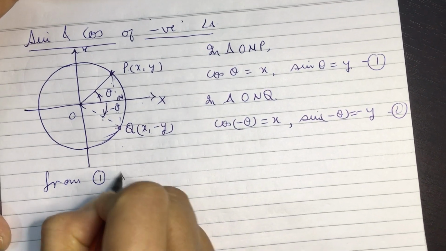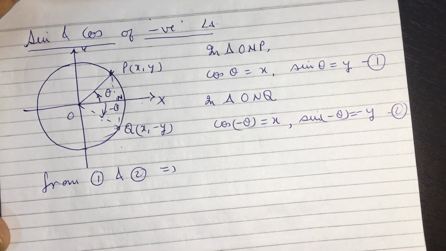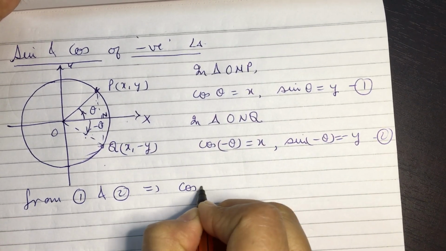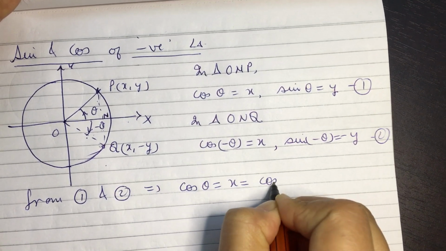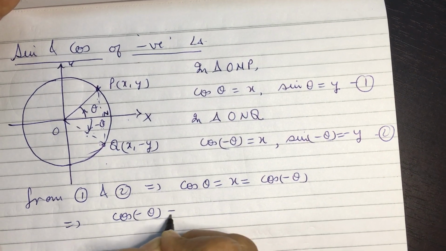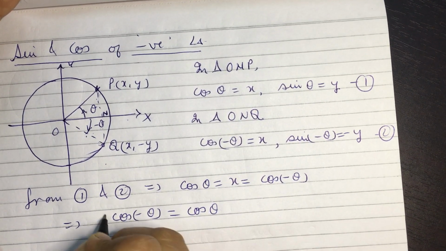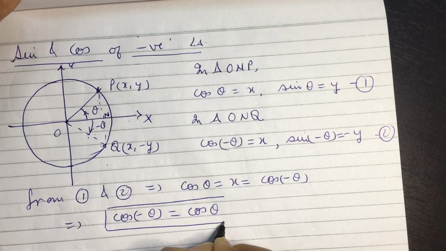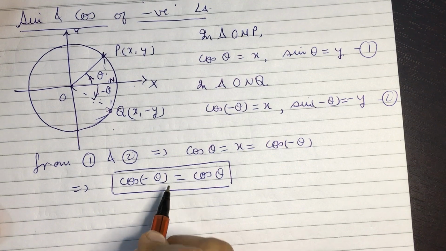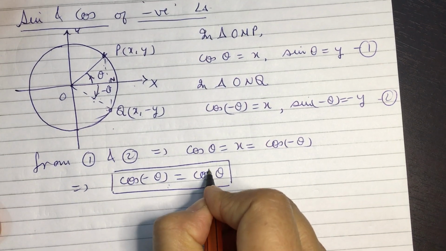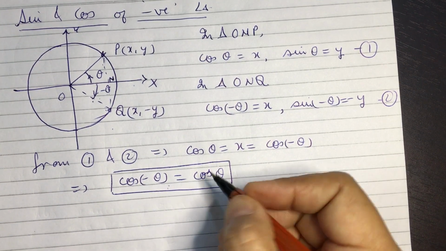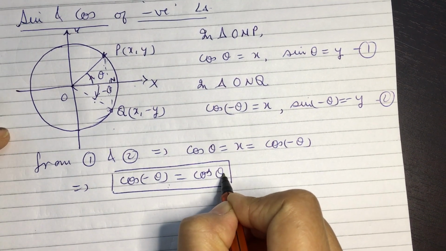From 1 and 2 we get cos of theta equal to x equal to cos of minus theta, which gives us cos of minus theta equal to cos of theta. What does this mean? If you find the cos of a negative angle, the value is the same as the cos of the corresponding theta.